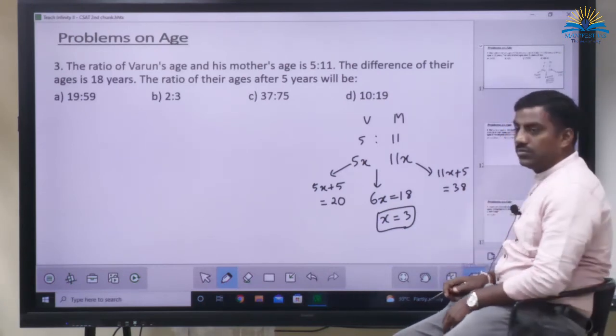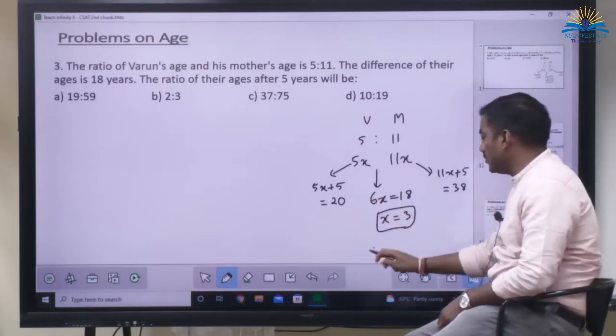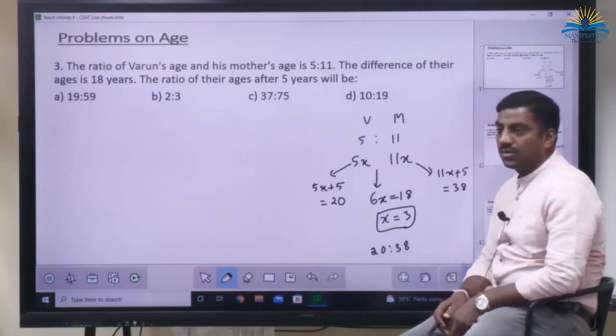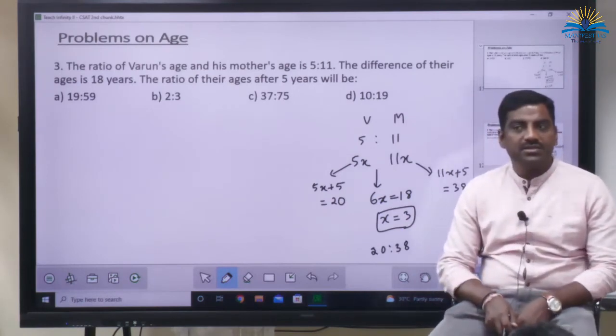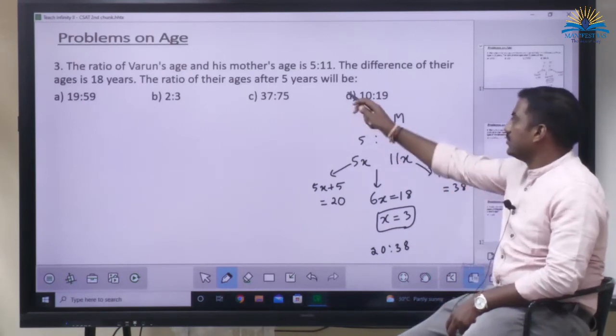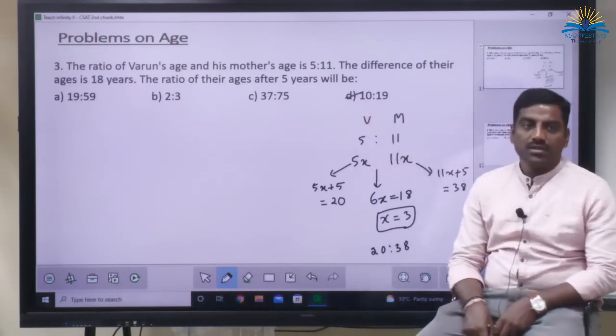What is the ratio? Simplify. 20 is to 38. Simplification, how much? 10 is to 19. Done?